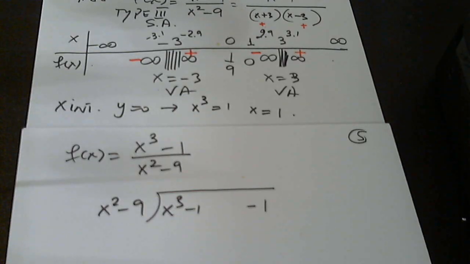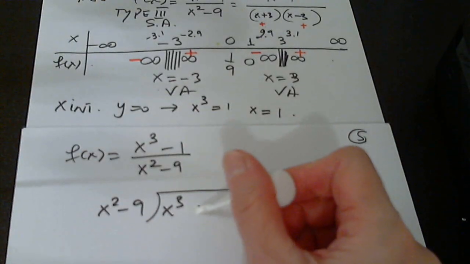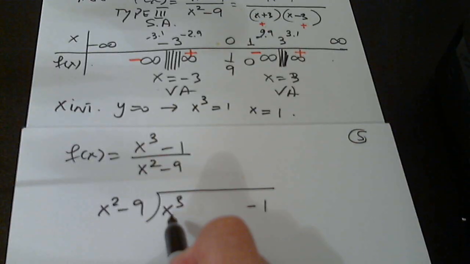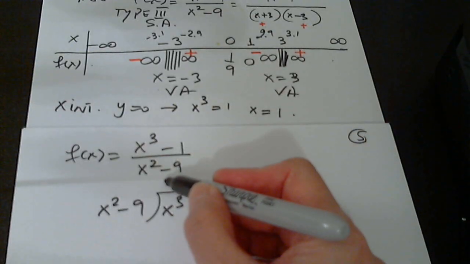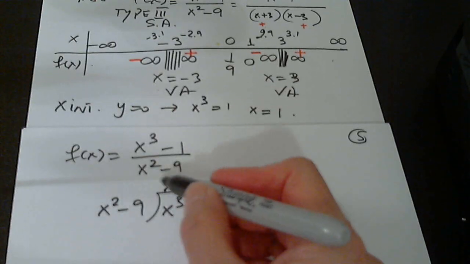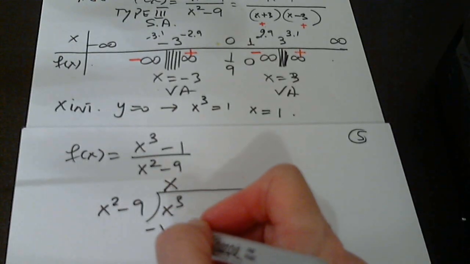So let's start. There are missing terms. Degree 2 is missing and degree 1 is missing. Good. So x squared times what is x cubed? X. Good. X times x squared is x cubed, but we have to change the sign.